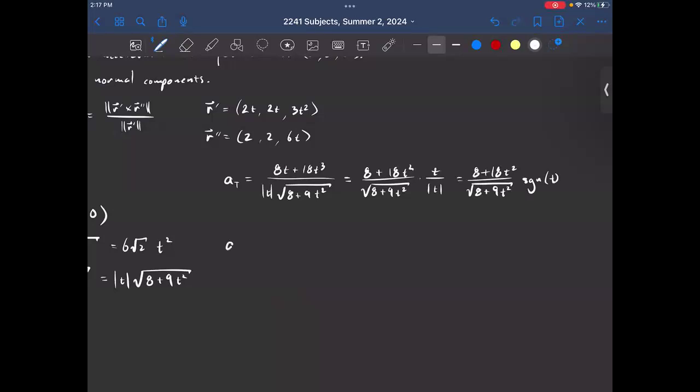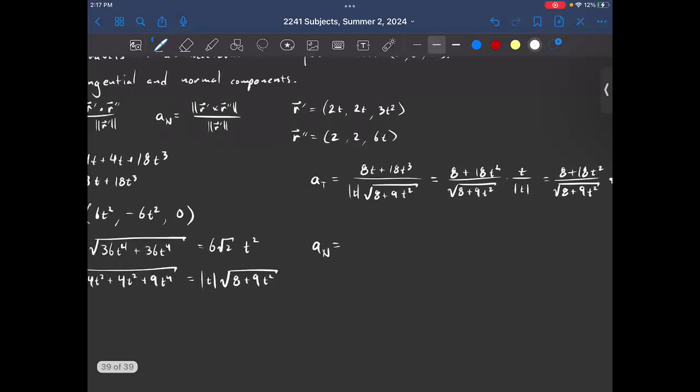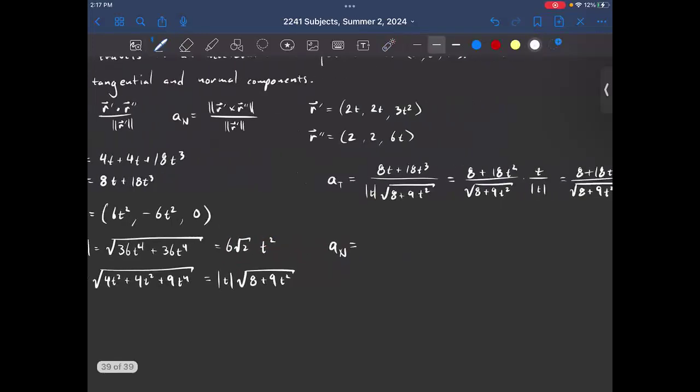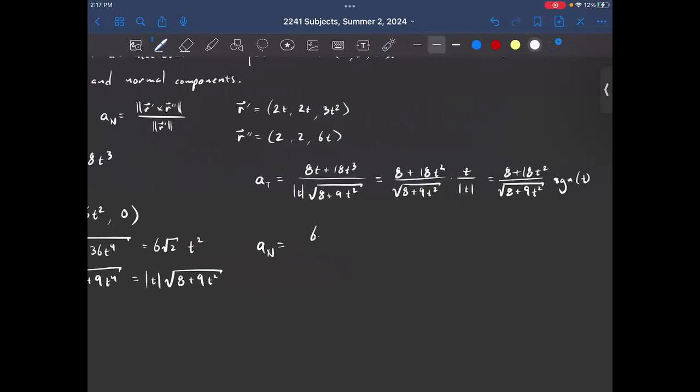All right, and then finally we compute our normal component. So we need the norm of r prime cross r double prime. Well, that was 6 root 2 t squared, divided by absolute value of t, root 8 plus 9t squared.